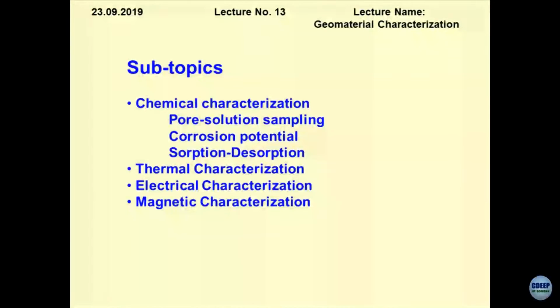So, under the head of chemical characterization, we will be discussing in quite some detail the pore solution sampling, which in my opinion is identical to blood sampling, which I have been telling you about for several lectures. So, the analogy is with the way medical practitioners diagnose the human body based on the fluids which can be retrieved from the body.